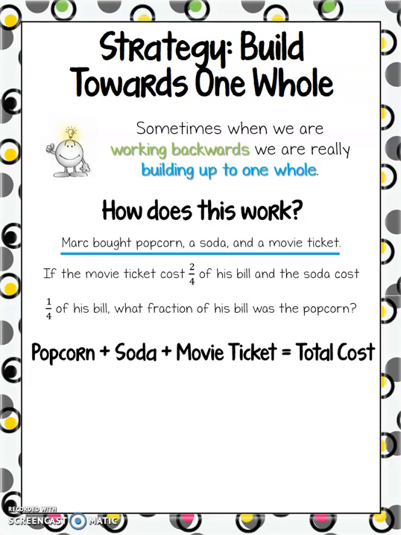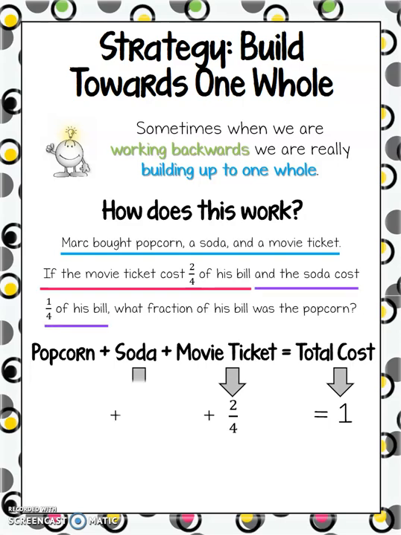But that first sentence didn't give me a total amount. That's because in this particular case, I'm building up to one whole or one whole bill. Now, the pieces or the parts would be the movie ticket is 2/4 of his bill, and the soda was 1/4 of the bill. Now I need to find what fraction of his bill was the popcorn.